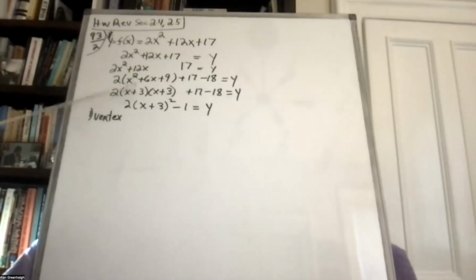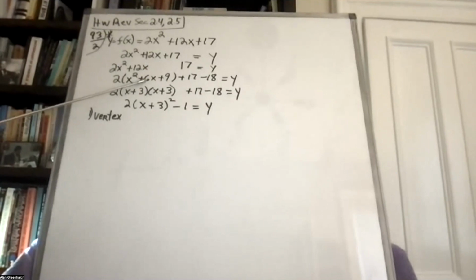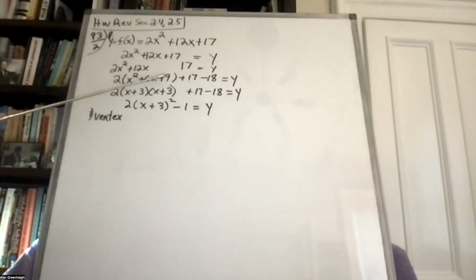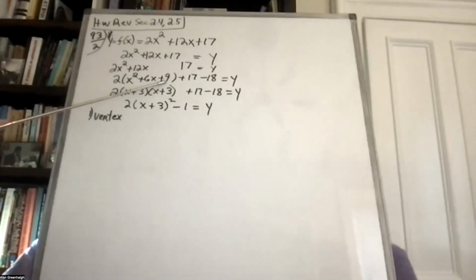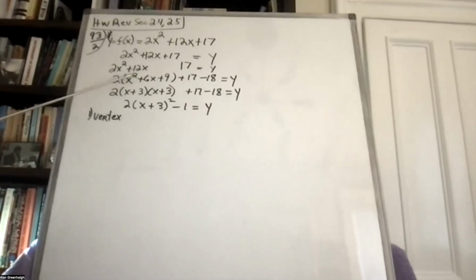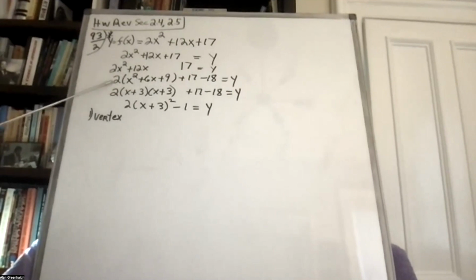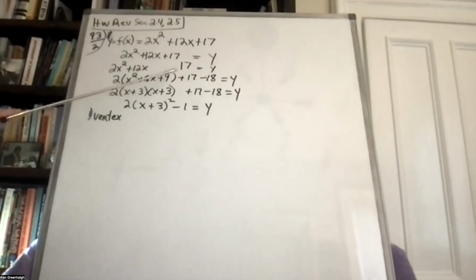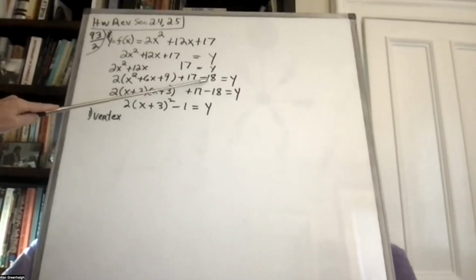I then completed the square by taking half of 6 and getting 3, squaring the 3 and getting 9, and 2 times 9 is 18. Now that 18 I just added, because it wasn't here before, has to be offset by subtracting 18.